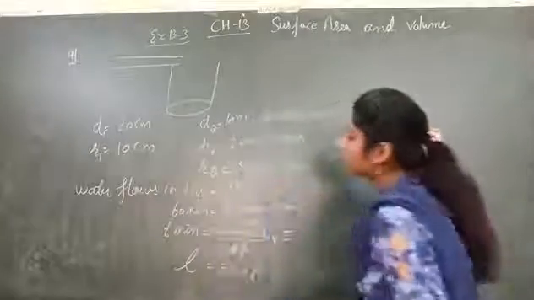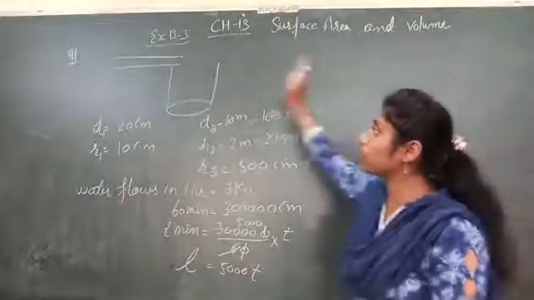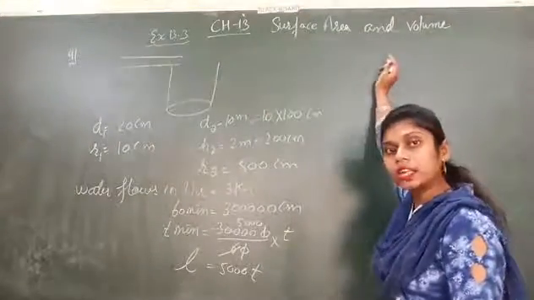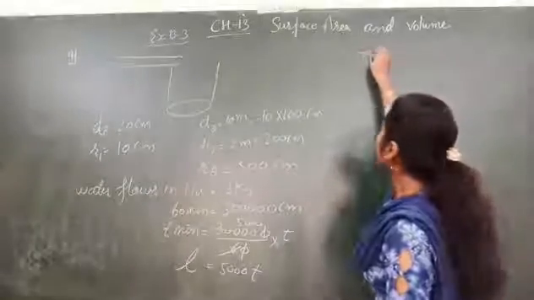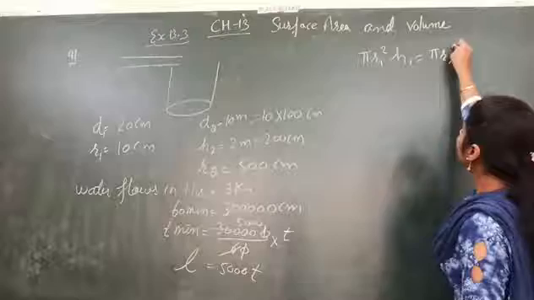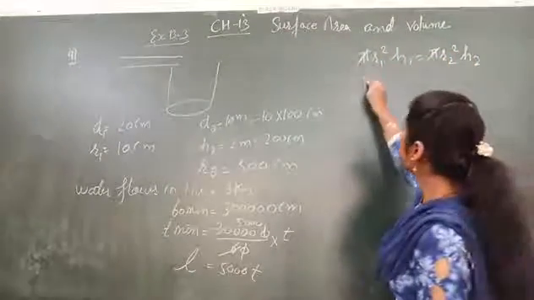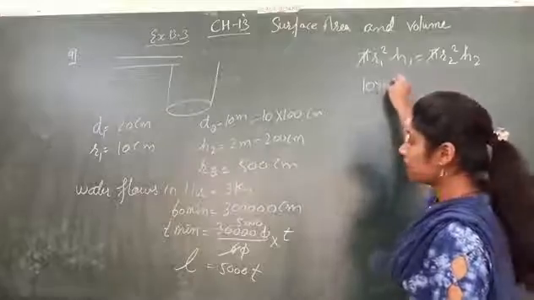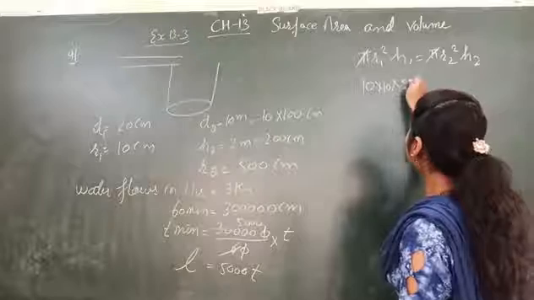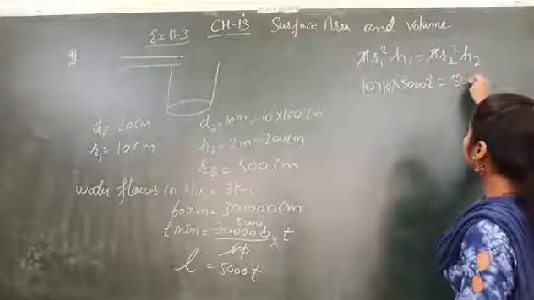Now volume of the water that flows through the pipe is equal to volume of water in this cylinder. Both are cylindrical shape, so we will apply the formula of cylinder. Pi R1 square H1 equals pi R2 square H2. Pi will be cancelled. Here R1 is 10. H1 is this length, 5000 T. R2 is 500.